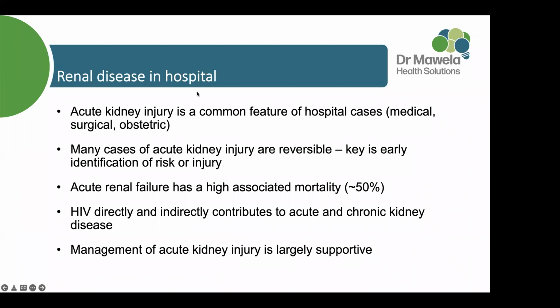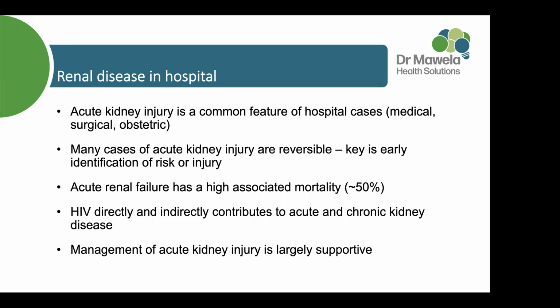Firstly, let us appreciate that acute kidney injury is common. I get calls; even yesterday I got two, and today I got one from Amajuba, from a maternity ward, about a pregnant woman on ARVs who presents with some form of kidney injury. It is common, but it is reversible. If we do not act in time, it can be associated with mortality.